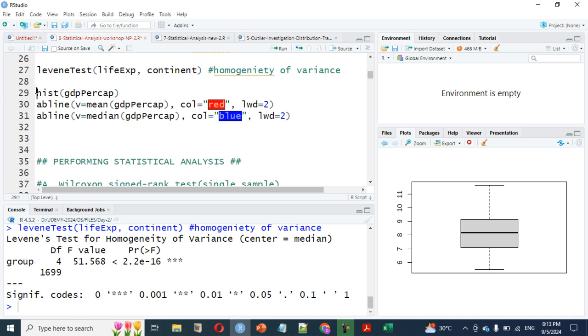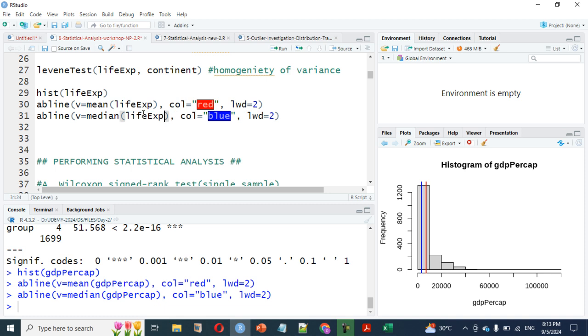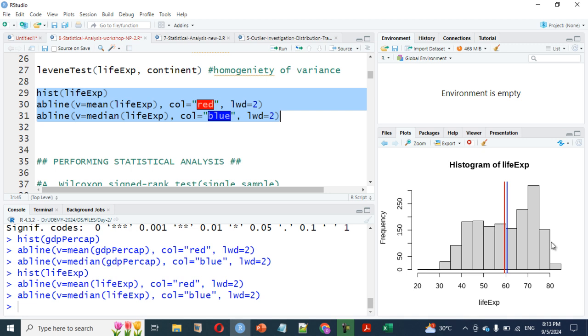Let's look at this. You can see that our mean, which is red, is greater than the median, which is blue. If you also run life expectancy here too, you can see they are also not equal, and by our normality assumption, they must be equal.